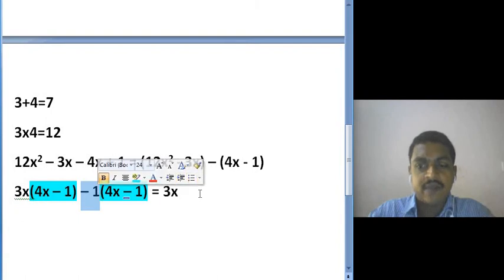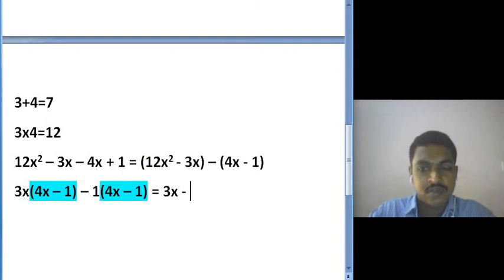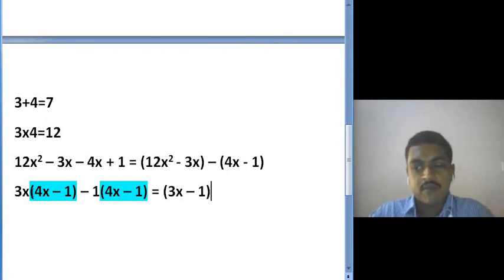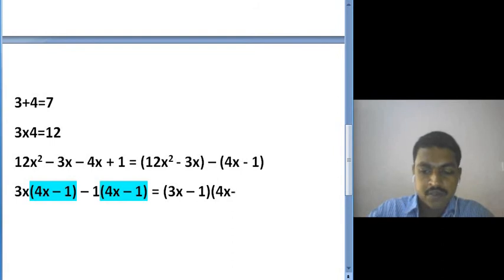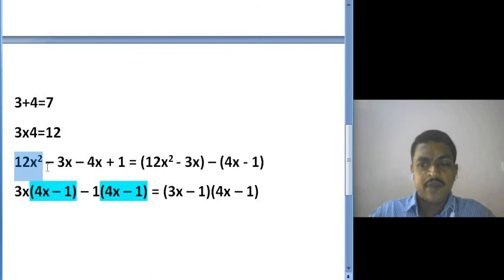You write the minus 1 next to 3x. Then you put that in the bracket, and then you can put the 4x minus 1 here times the 4x minus 1. So these are the factors of your actual question. 12x square minus 7x plus 1.